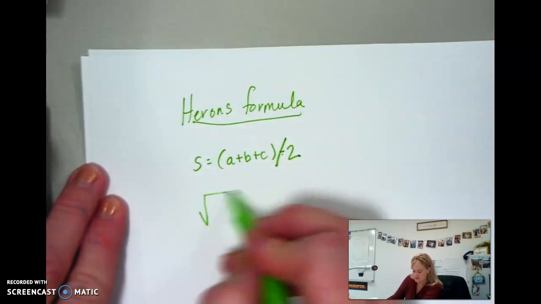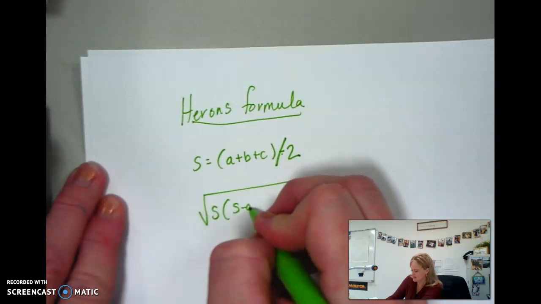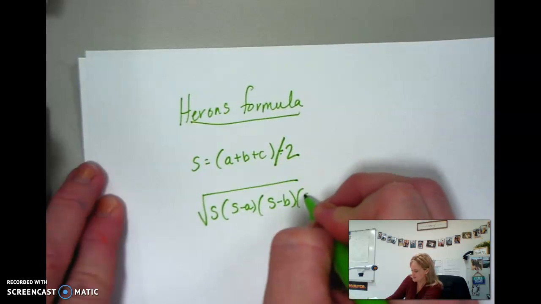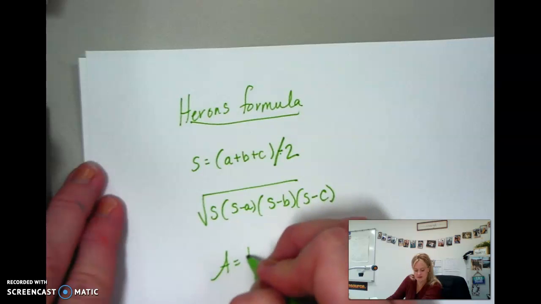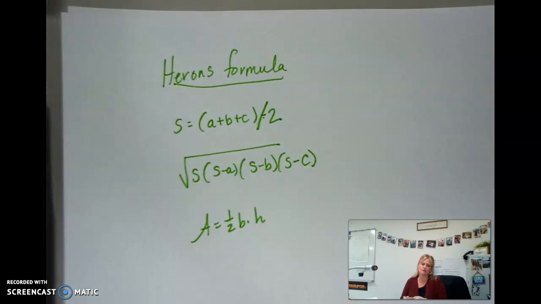So we are going to take s times s minus a times s minus b times s minus c. And remember that area equals 1/2 base times height. You might see this in one of your homework questions. If we need to do it, I can do another example with you at another time.